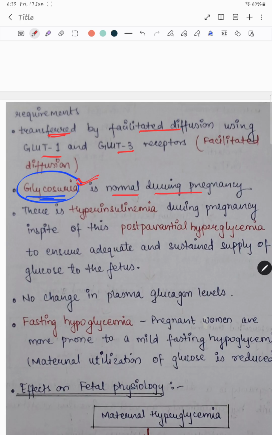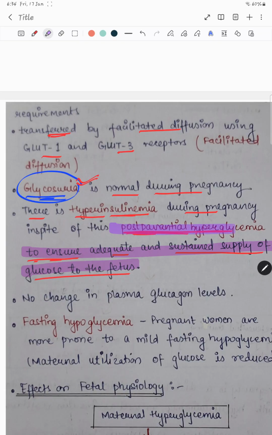Now glycosuria. Glycosuria is normal during pregnancy, and we'll discuss why. But before that, there is hyperinsulinemia during pregnancy. Despite that, there is postprandial hyperglycemia, just to ensure an adequate and sustained supply of glucose to the fetus. So our main aim during pregnancy is to ensure an adequate, sustained supply of glucose to the fetus. To meet that need, the body makes certain changes.